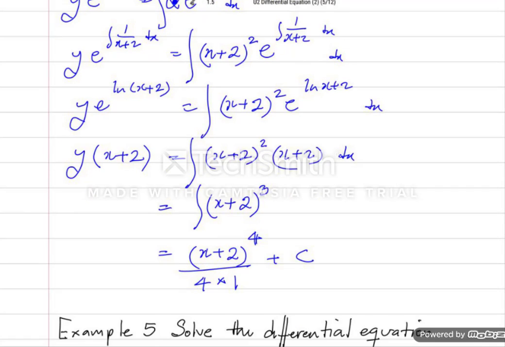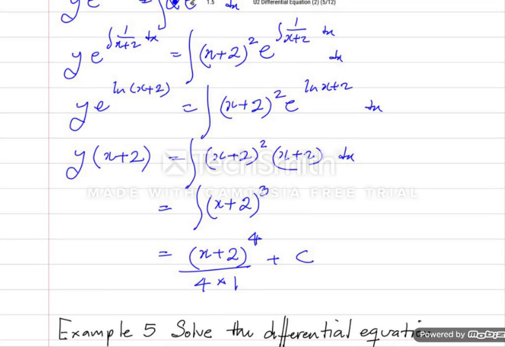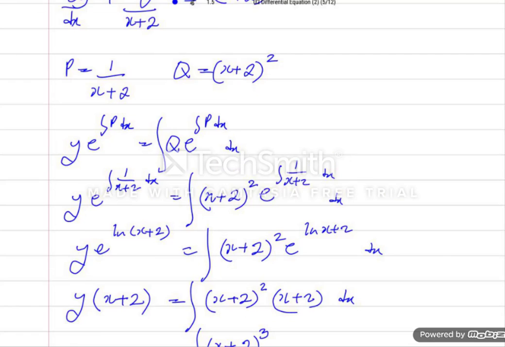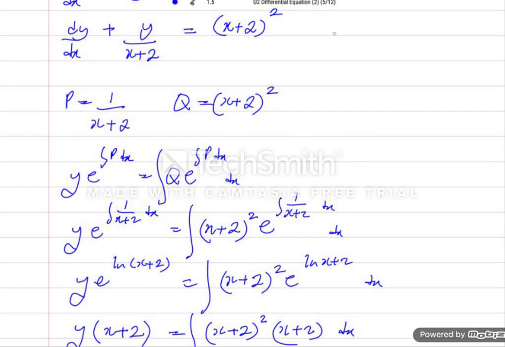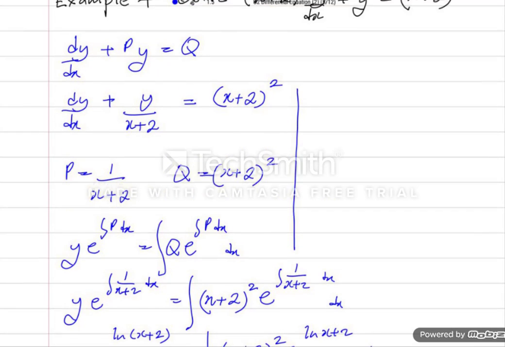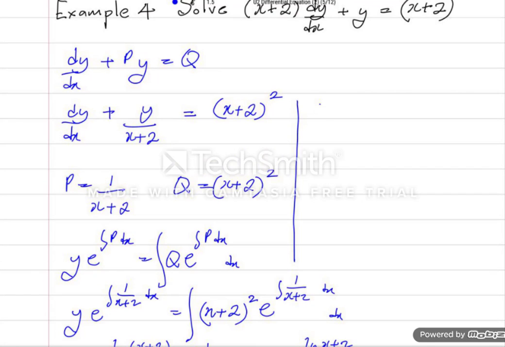Alright. So divide the entire equation by x plus 2. If I do that, I'm going to end up with y equal to 1/4 (x + 2) cubed, don't I? You agree?